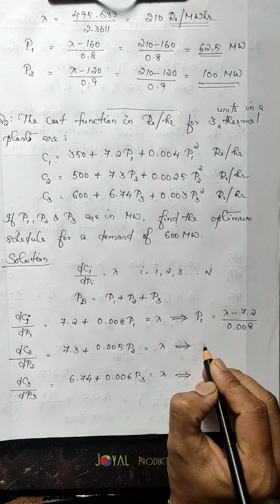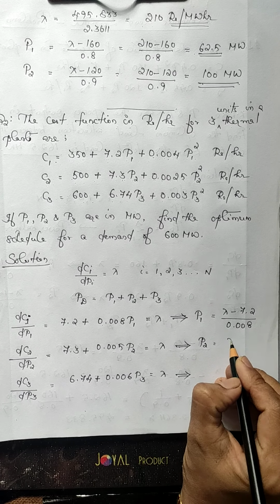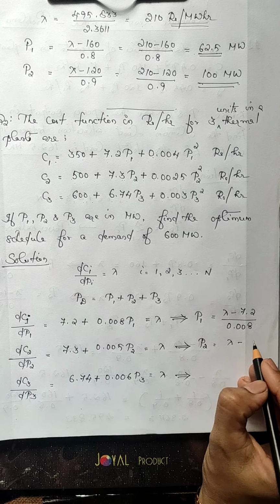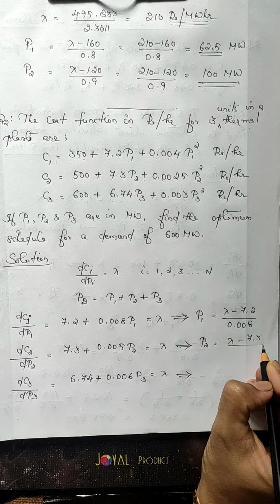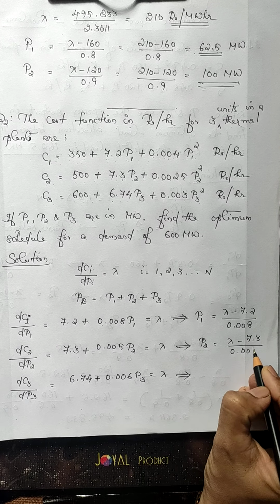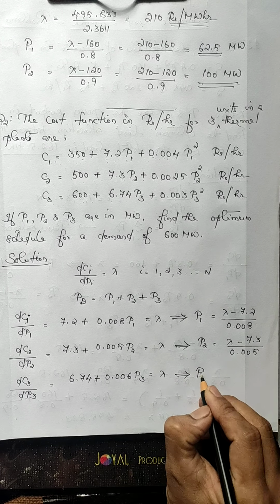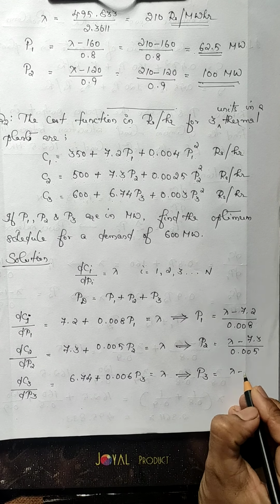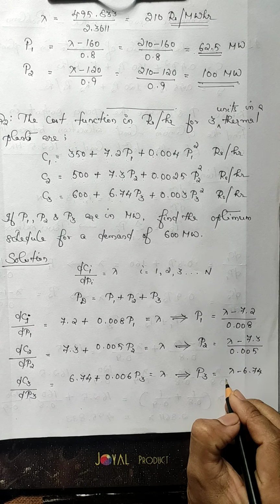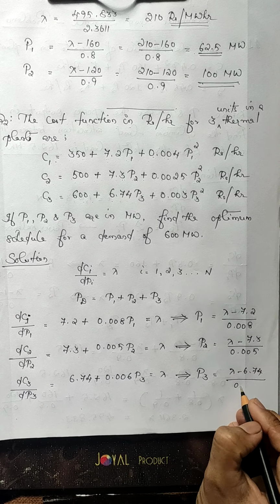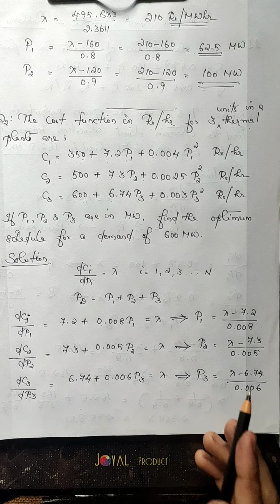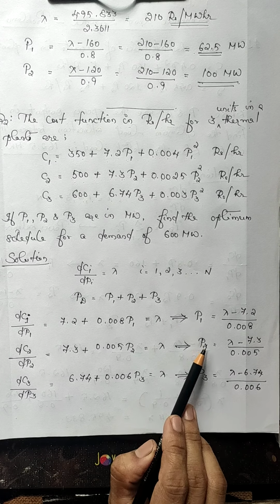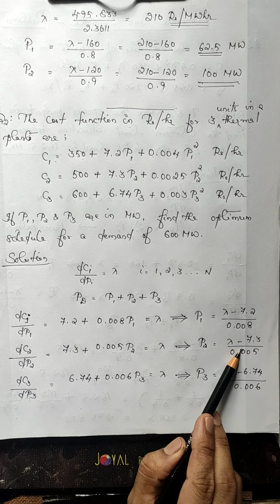Similarly, from here P2 will be equal to lambda minus 7.3 divided by 0.005, and from here P3 will be equal to lambda minus 6.74 divided by 0.006. So now we have the equation for P1, P2 and P3 in terms of lambda.